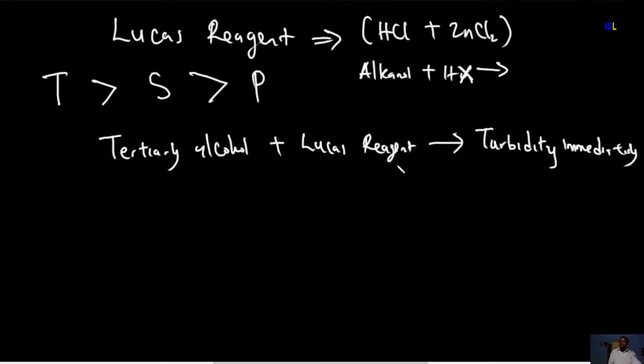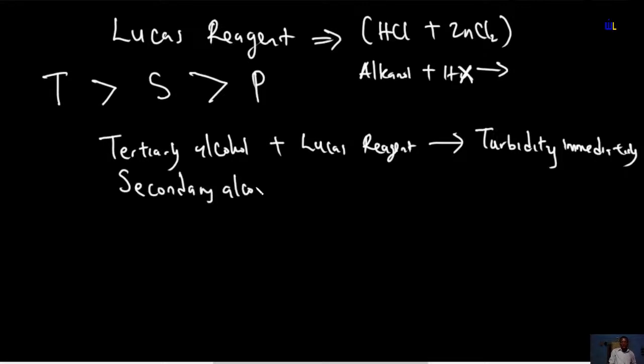With Lucas reagent, turbidity shows immediately for tertiary alcohols. For secondary alcohols, it shows after 5 minutes or thereabout, which means the reaction occurs basically after 5 minutes.